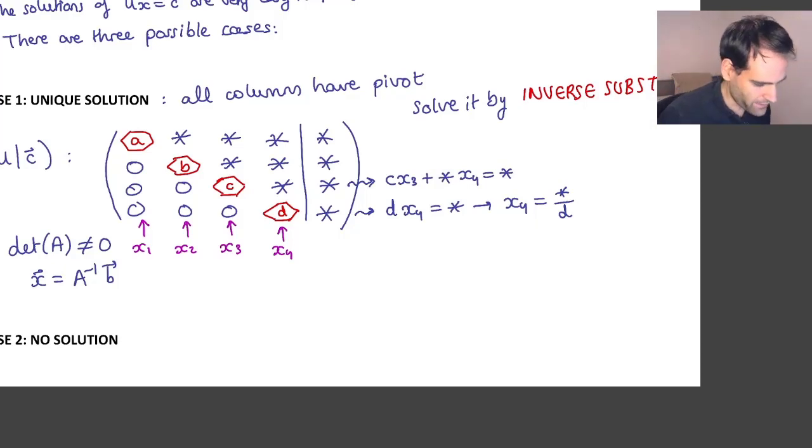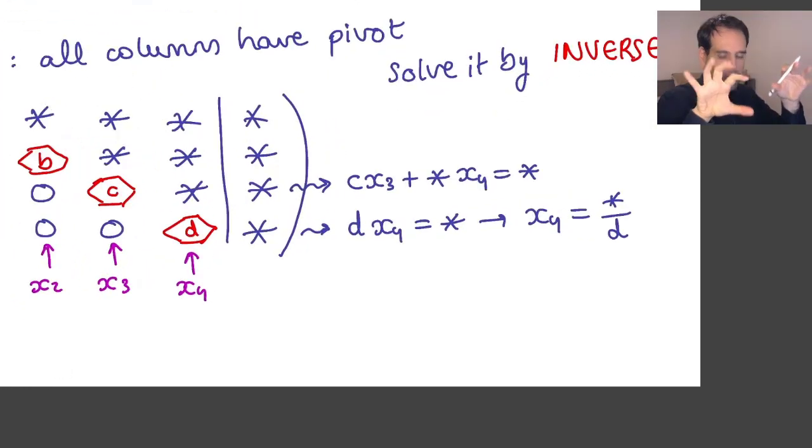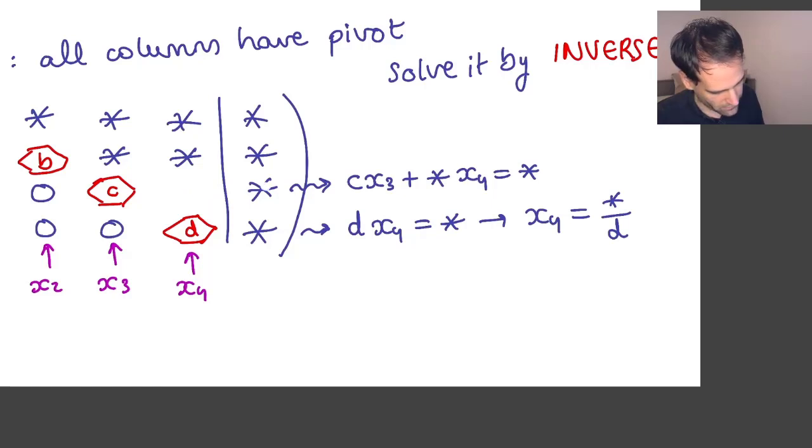Of course, I'm using asterisks as these numbers, but in general, they are not the same number. Just don't be confused by this. So, for example, if this asterisk was a 2 and this was a 3, then this will mean that c x3 plus 2 x4 equals 3. But I'm just using asterisks.